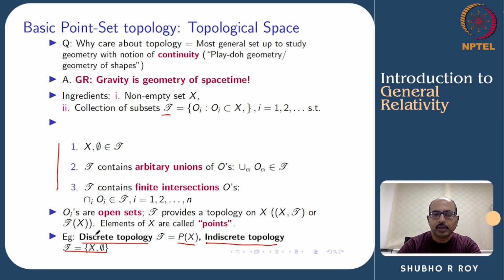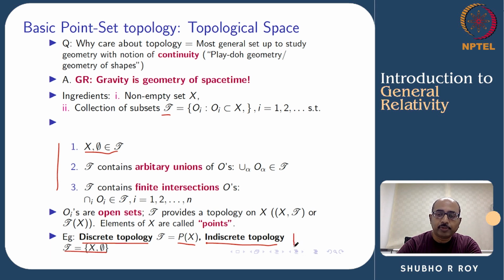As you can see, this also satisfies all three criteria, because the union of these two is of course X again, which is included, and the intersection of these two is the null set, which is also included. So if I define the topology with just the full set and the null set, then X also gets converted into a topological space, and the resulting topology is called the indiscrete topology.